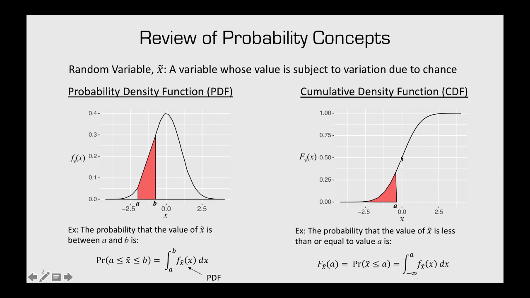Okay, so you can read this off by looking at values like, let's say x is 0. Well, the cumulative distribution function is at 0.5. So that means that there's a 50% chance that the value of x is less than or equal to 0. Likewise, if we go all the way up to 2.5, it's really high. So there's a really high probability that x is less than or equal to the value 2.5. These are two functions that we're going to use later on.